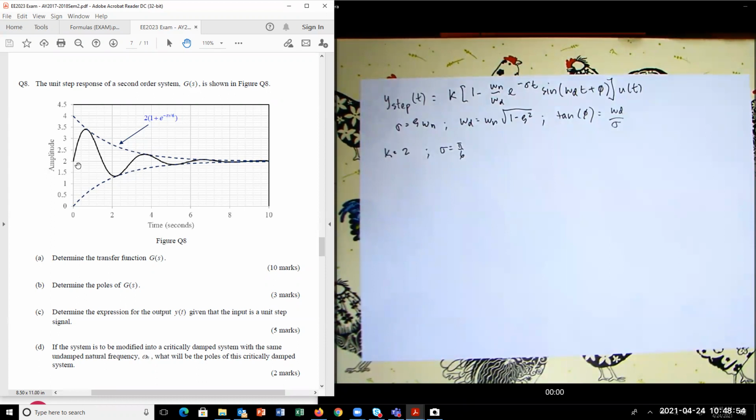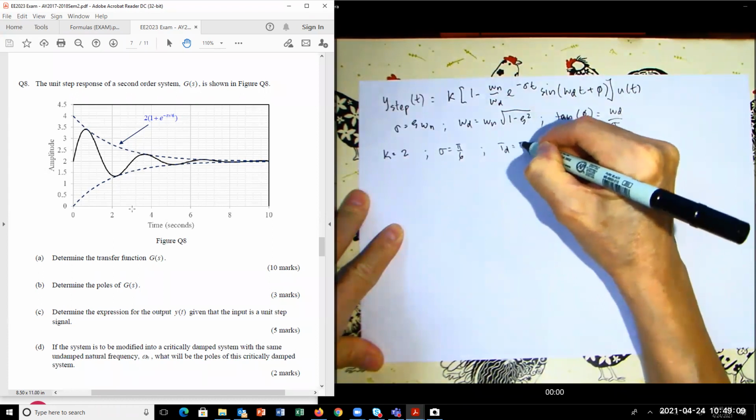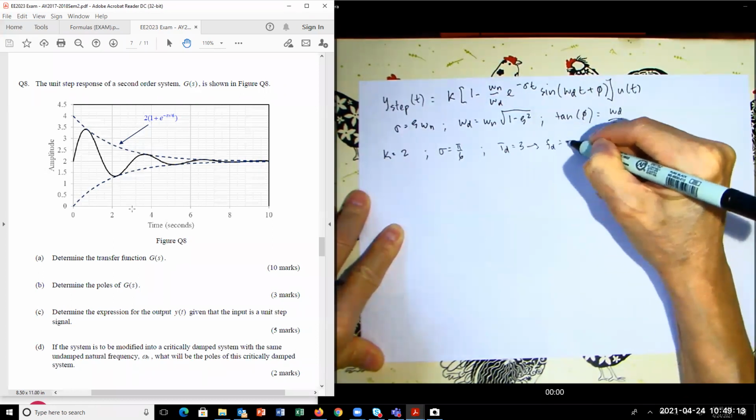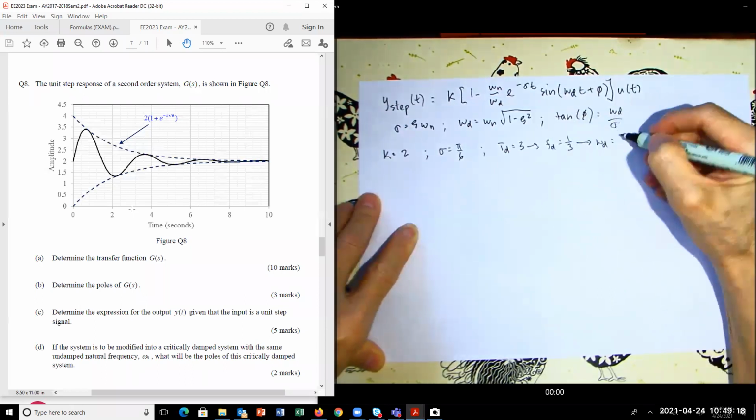One cycle is from this point here to this point here, and that is 3 seconds. So from the graph, the period is 3 seconds. That will lead to FD, which is 1 over 3, which will lead to omega D, which equals 2 pi times FD.